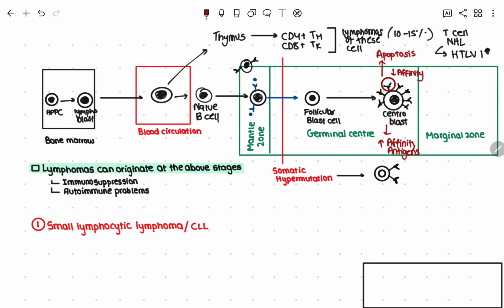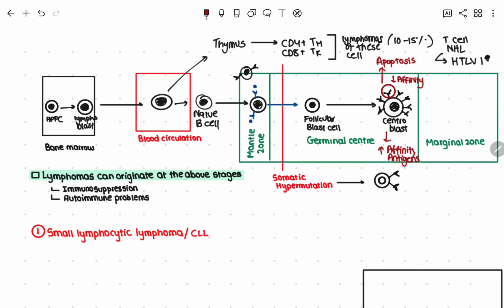maturation into a centrocyte. I do not have space to draw it out, so what I will do is just mention that these centroblasts now will become centrocytes, right? And now through further stimulation by T cells and dendritic cells, these centrocytes will now undergo a process of class switching.